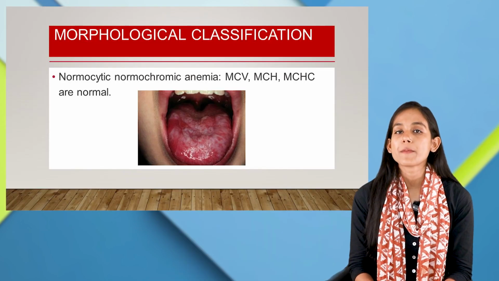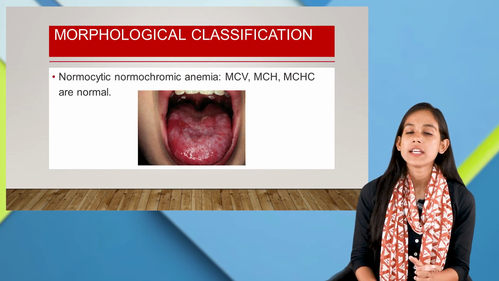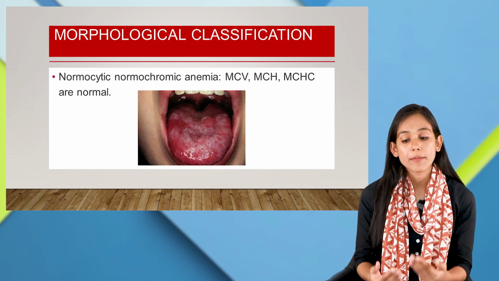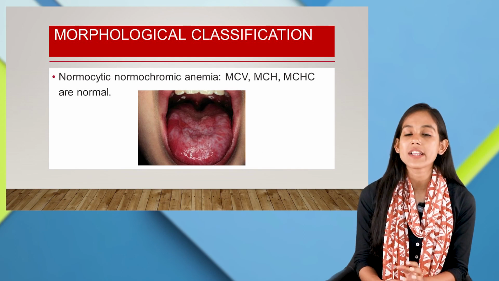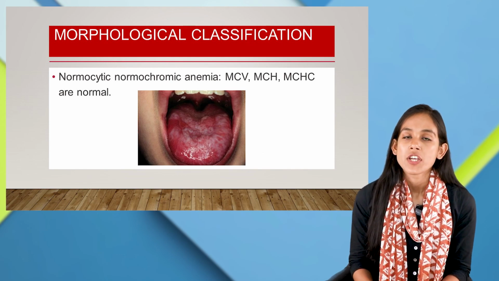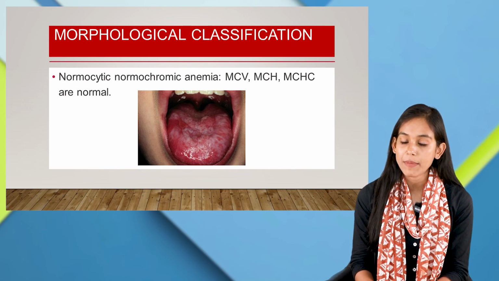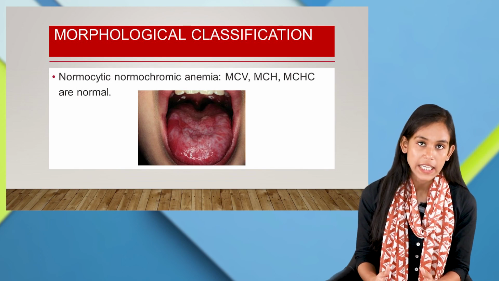First let us talk about normocytic, normochromic anemia. Here the mean corpuscular volume, the mean corpuscular hemoglobin and the mean corpuscular hemoglobin concentration will all be normal. Examples of normocytic, normochromic anemia would be aplastic anemia or acute post-hemorrhagic anemia.